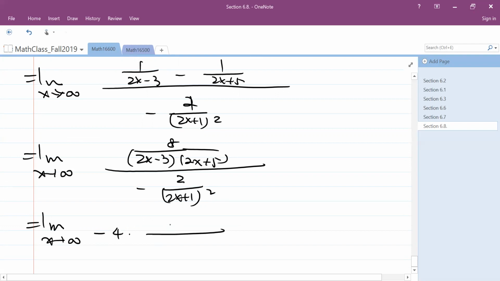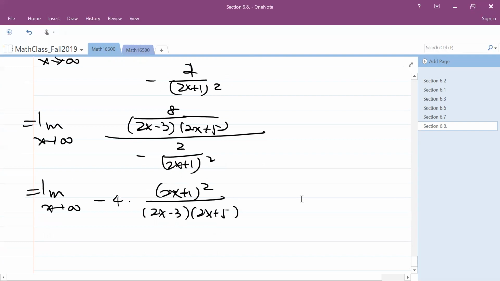Then I have 4 times (2x plus 1) squared over (2x minus 3)(2x plus 5). I think I'm going to get a finite limit. The numerator leading term is 2x, so you get 4x squared. The quotient actually approaches 1.